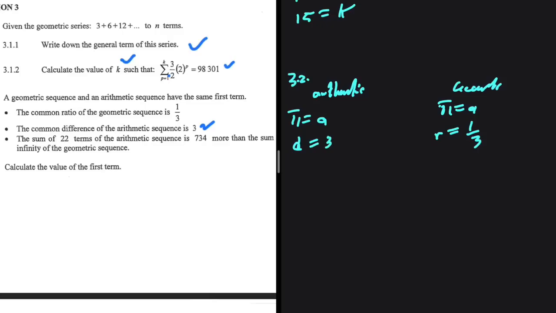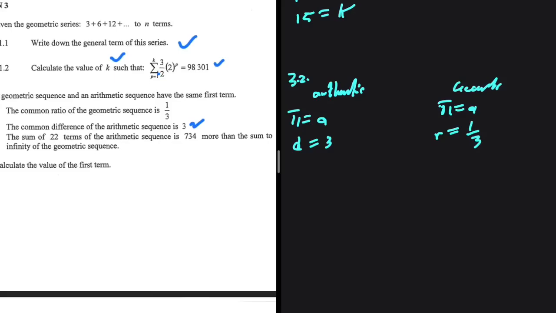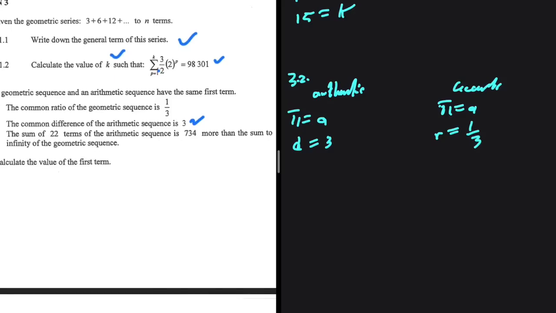And then the story carries on. The sum of 22 terms of the arithmetic sequence is 734 more than the sum to infinity of the geometric sequence. Okay, let's make sense of that mathematically. S22 should be equal to S infinity plus 734.